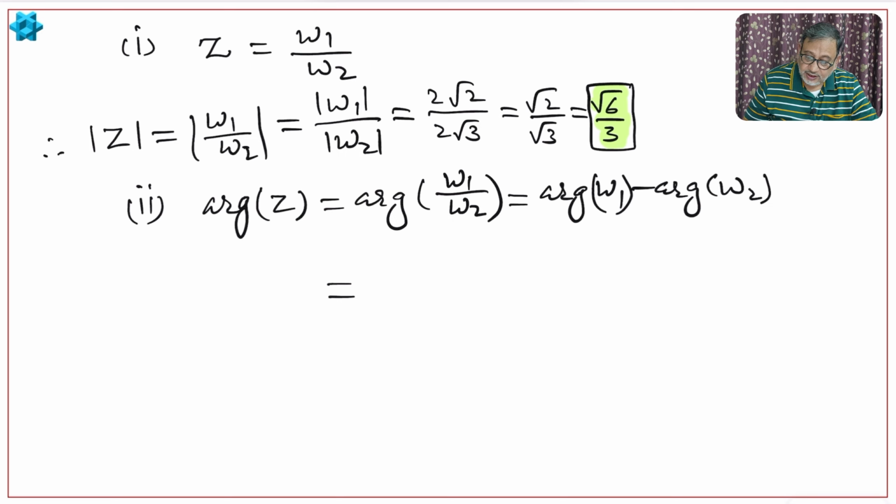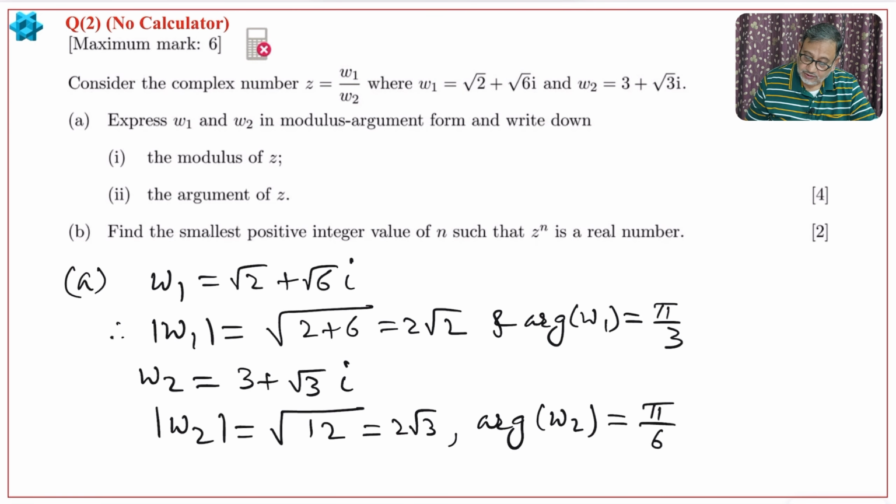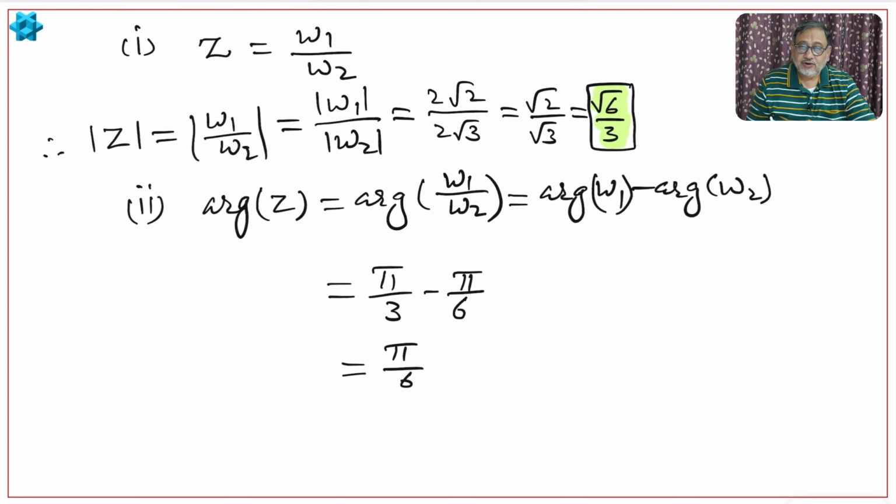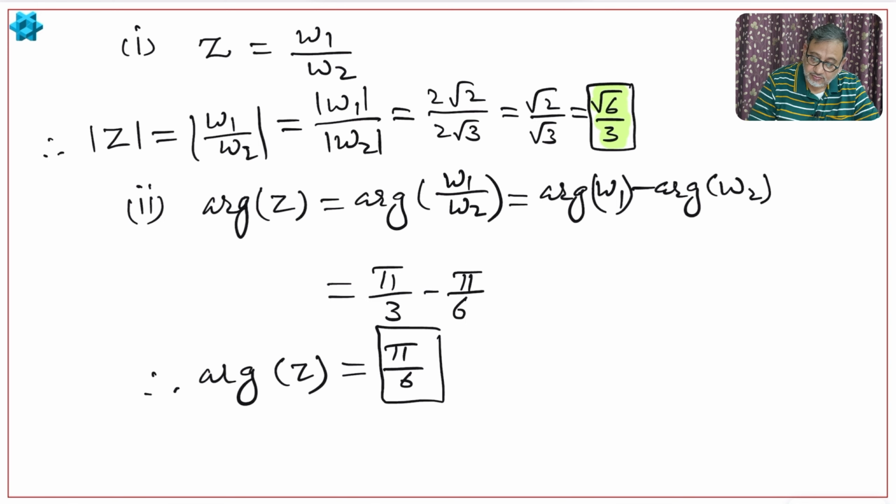So I already have argument of w1 and w2, pi by 3 and pi by 6. So pi by 3 minus pi by 6. So LCM is 6. So 2 pi minus pi, pi by 6. Okay. So therefore argument of z is pi by 6, right? Okay. So we wrote both the parts.